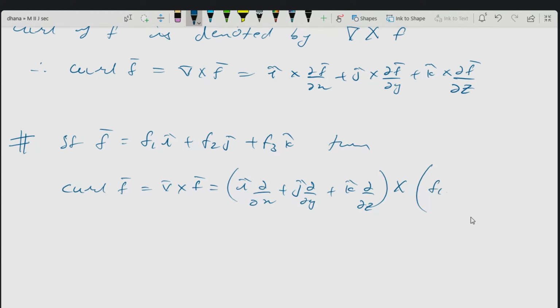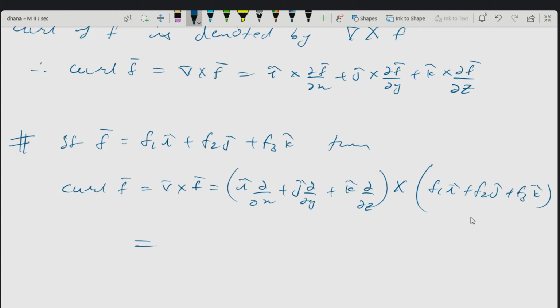Now you know what is i cross i? i cross i is 0. So this all you should know. What about i cross j? k. i cross k? Minus j.